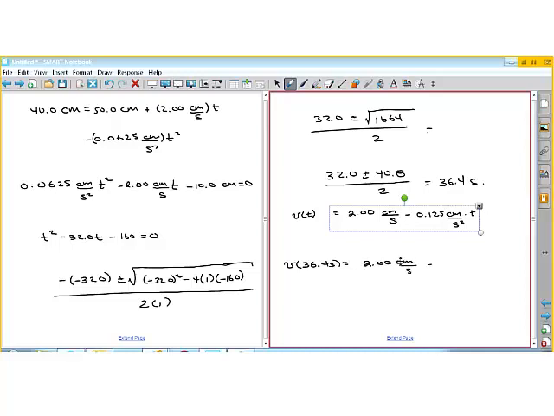So we get 2.00 centimeters per second minus 0.125 centimeters per second squared, whole thing times 36.4 seconds. So we get 2 minus 0.125 times 36.4, and I get negative 2.55 centimeters per second. So that's the third solution.